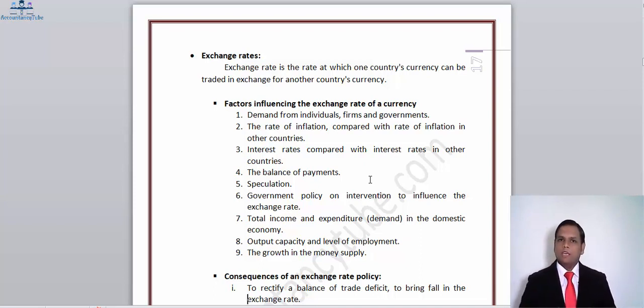First off is demand. Like with any commodity, an increase in demand for one currency will have an appreciation effect on that currency. For example, let's take an artificial country named Concordia. Concordia is a normal country. $1 is equal to 10 Concordian currency units.